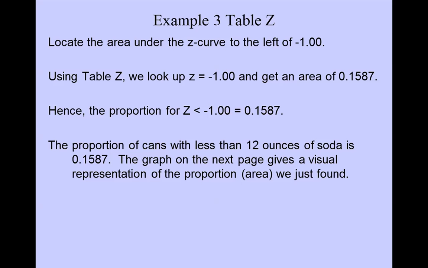Hence, the proportion for z less than negative 1 equals 0.1587. In summary, the proportion of cans with less than 12 ounces of soda is 0.1587. The graph on the next page gives a visual representation of the proportion or the area we just found.